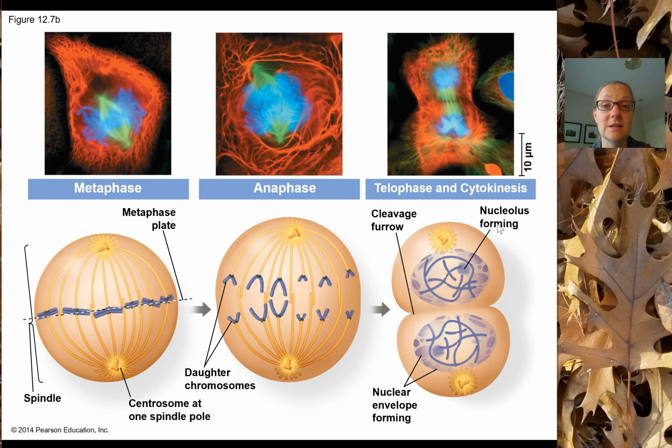Now, telophase is pretty easy to remember because whatever you did in prophase and prometaphase, you do the opposite in telophase. So the chromosomes are going to start decondensing. You're going to start taking apart the mitotic spindle, and you're going to begin to reconstruct the 2 new daughter nuclei on either end of the cell to envelop the newly separated chromosomes.